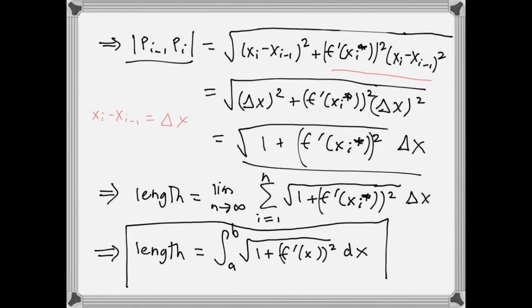Okay. So this is the length, of course, if f of x is continuous on a to b. In other words, if you have a continuous function on a to b, you can find its length by using this formula.